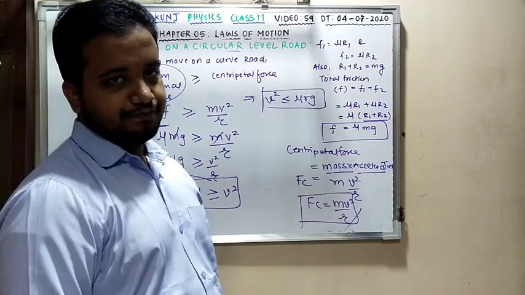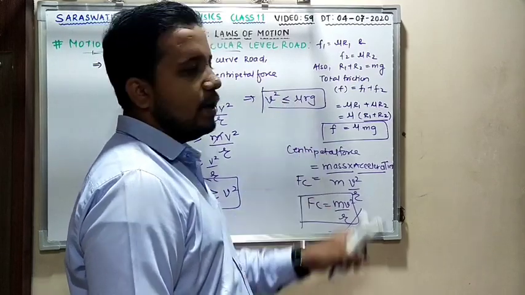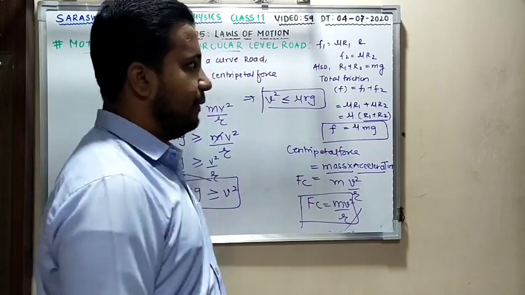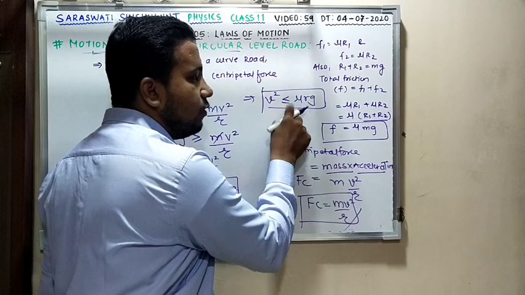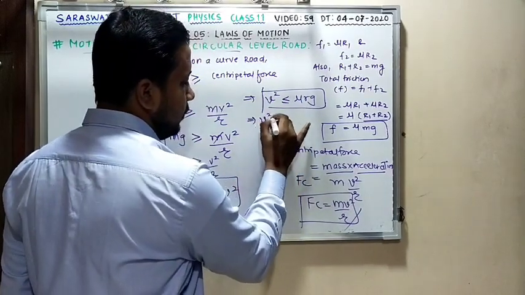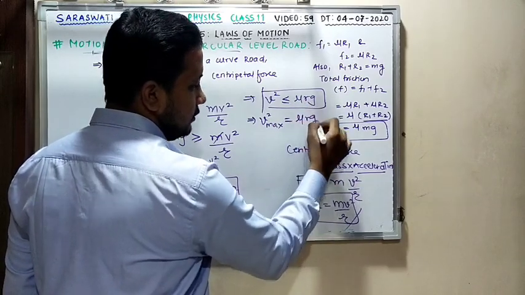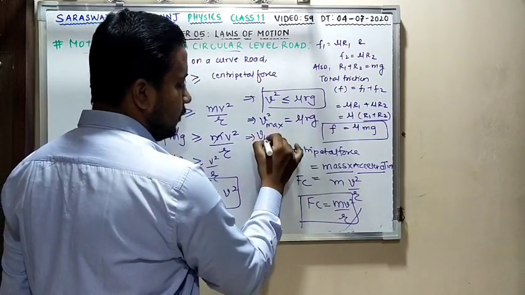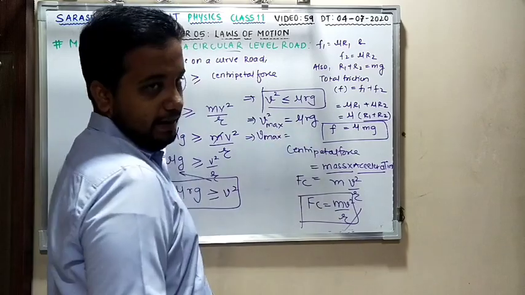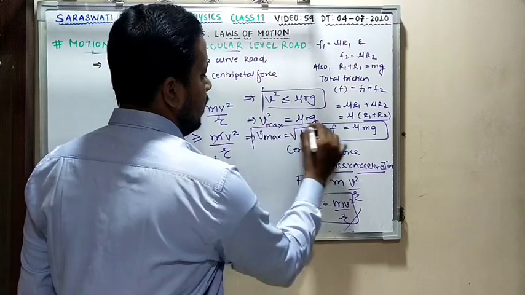Remember, if the condition is v square less than or equal to mu rg, then the maximum speed is equal to mu rg, not more than that. So v square max is equal to mu rg. If somebody asks you to calculate the maximum permissible speed, v max is equal to the square root of mu rg.